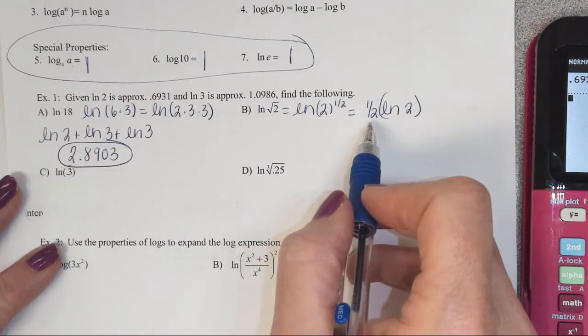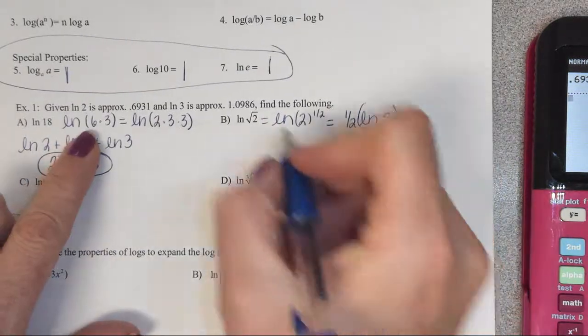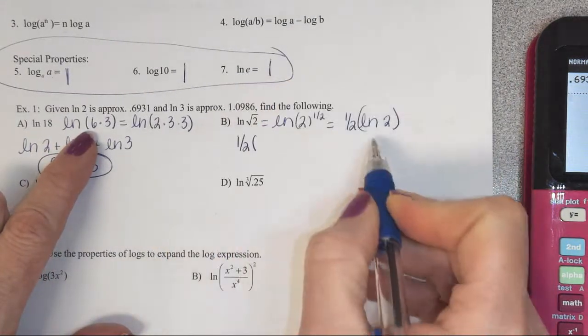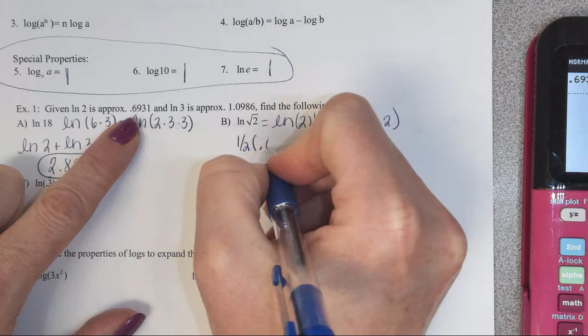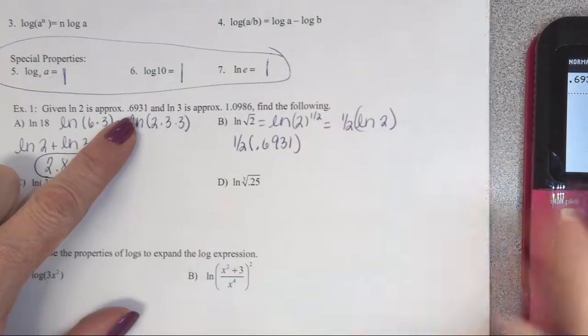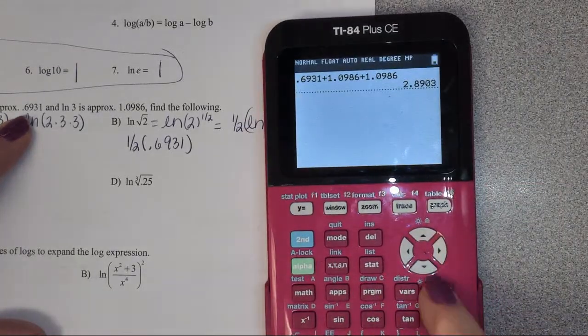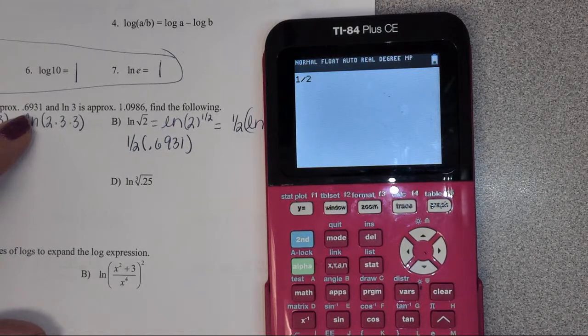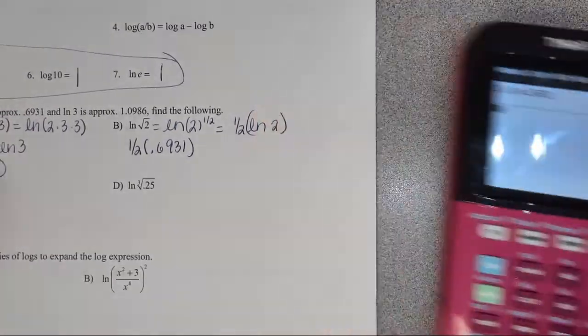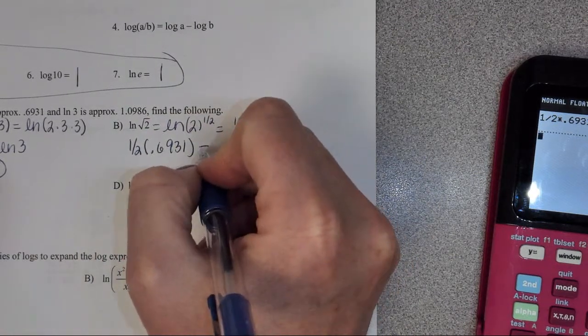Now I can just use substitution. It's going to be 1/2 times whatever that natural log of 2 was. So typing that in, 0.34655.